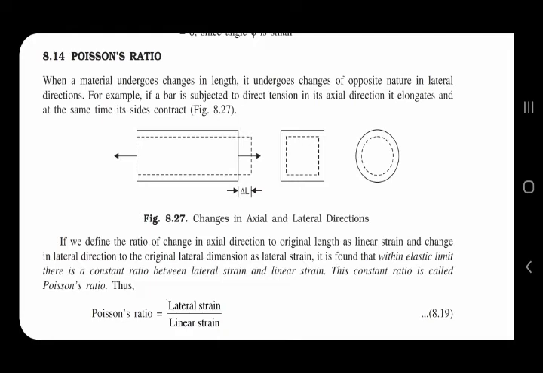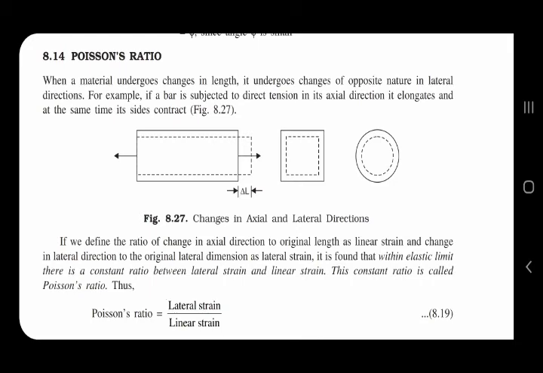It is found that within the elastic limit there is a constant ratio between lateral strain and the linear strain, and this constant is called the Poisson's ratio, which is given by the lateral strain by the linear strain, denoted by 1 by m or mu.